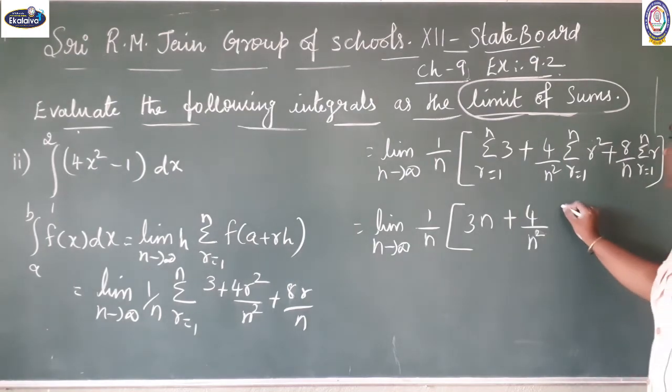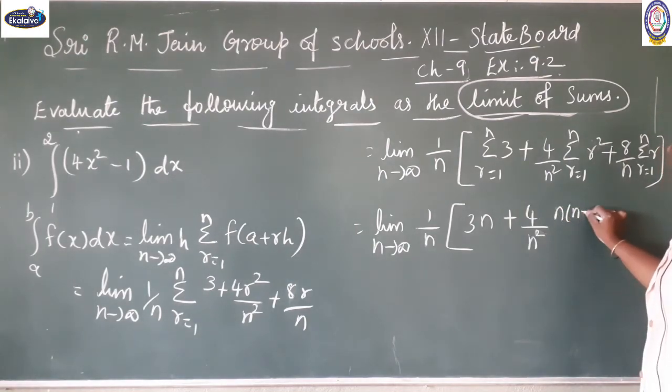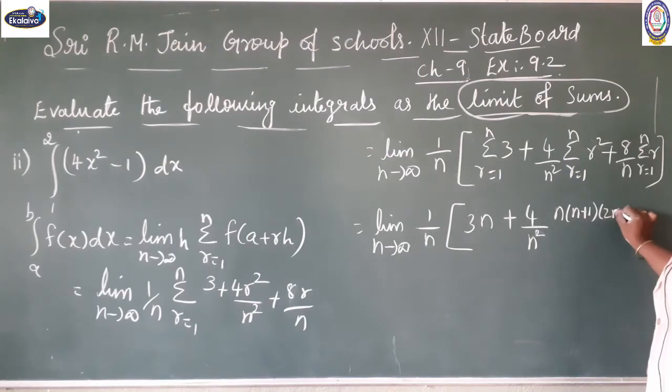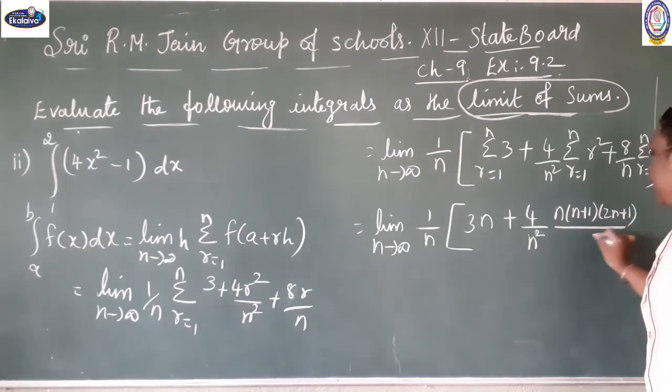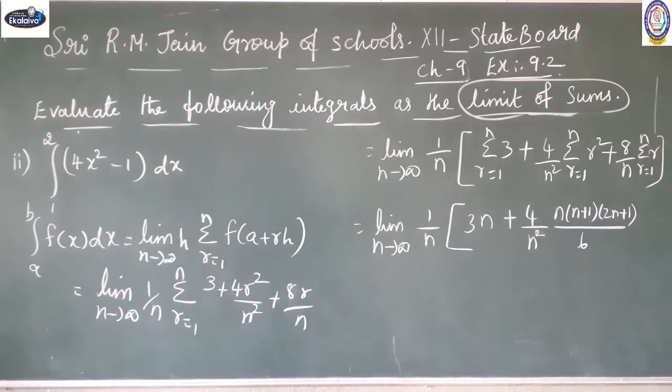What is the value for this? n into n plus 1 into 2n plus 1 by 6, plus 8 by n into sigma r equal to 1 to n r. What is the value? n into n plus 1 by 2.